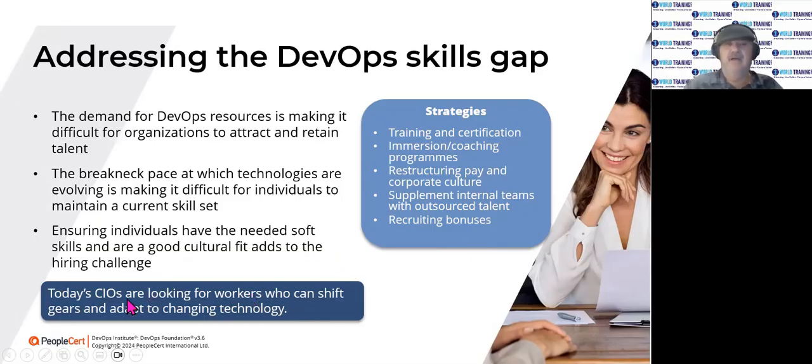Today, CIOs are looking for workers who can shift gears and adapt. So the people that are demonstrating that they are not only technically competent, but are team players and open to sharing and demonstrate results by doing those sort of things are generally more attractive.